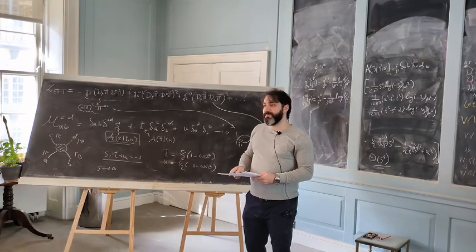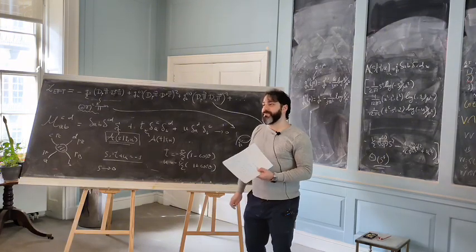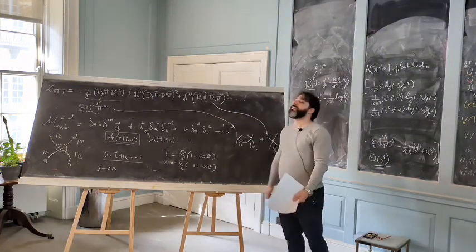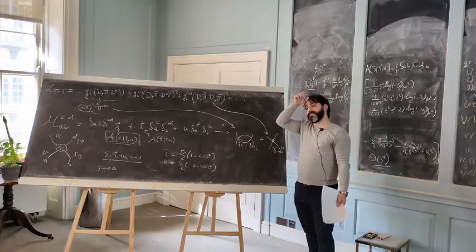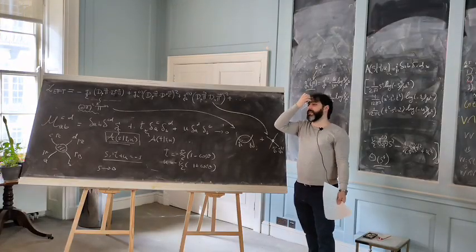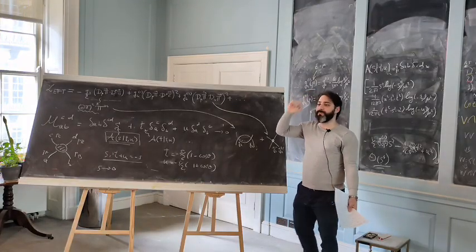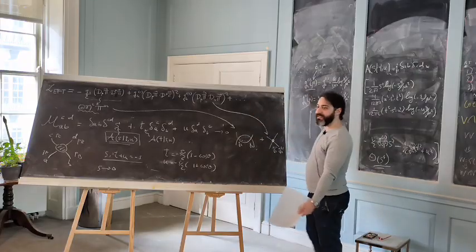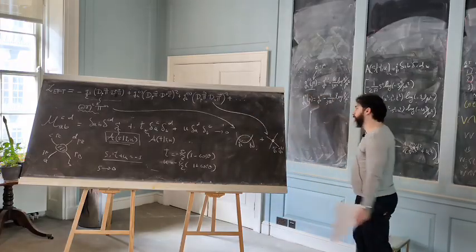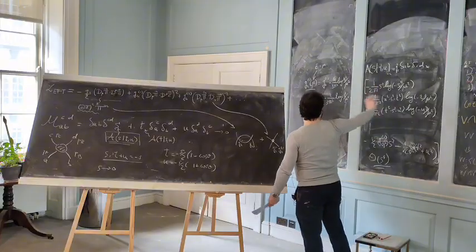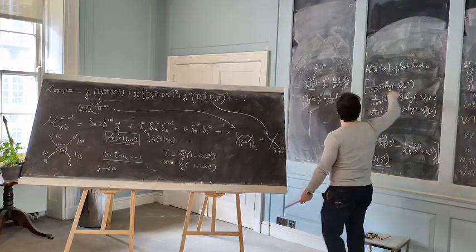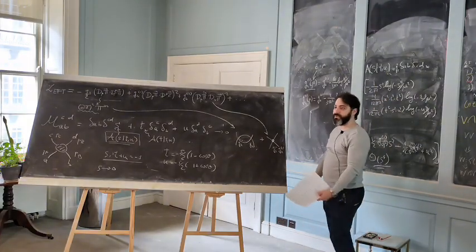So you're saying that just powers of S and 4 will be suppressed. Exactly. I mean, the physical answer will not know about these divergences. That's just an artifact of the perturbative computation. In the end, the answer is finite and higher-order interactions are suppressed by more powers of energy.